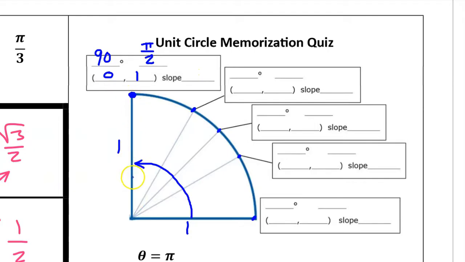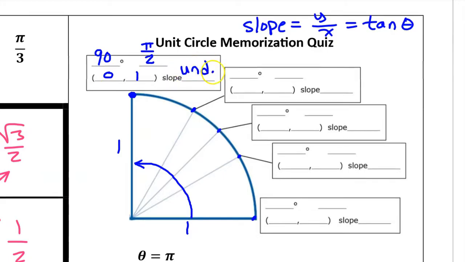And a vertical line has a slope that is undefined. In general, the slope is the same as the tangent, which is y over x. It's the slope, it is the tangent. If we try to apply this formula, y over x, that would give us 1 over 0. You can't divide by 0, that's why this is undefined.